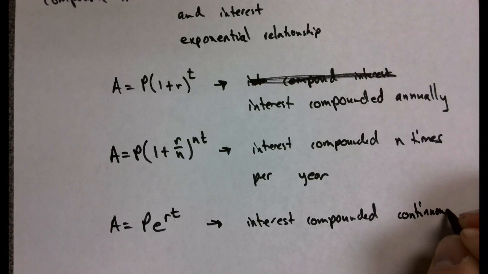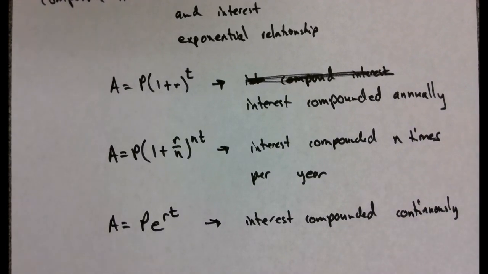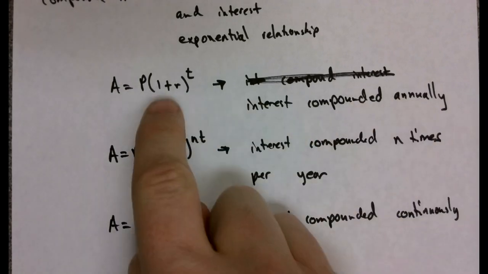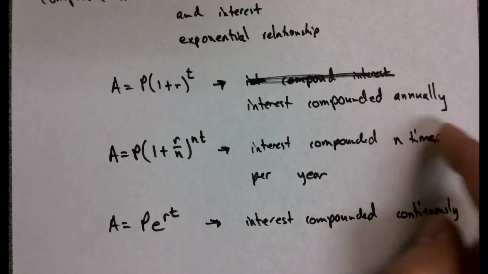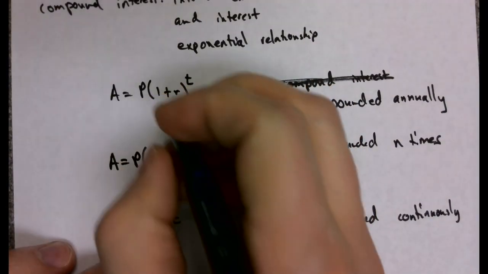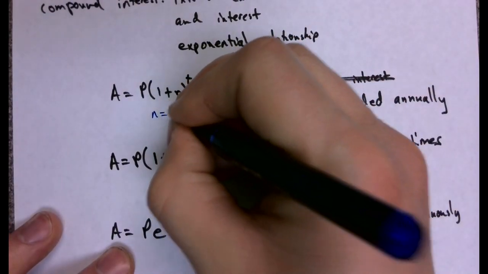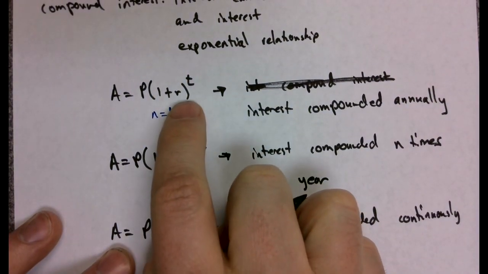So what you're looking for in problems that you're going to be working on in Connect Math is, does it say compounded annually? If it does, then you would use this one. Note that in compounded annually, what we're saying is the n of this formula equals 1. So if I plug in a 1 here, I end up with this formula.